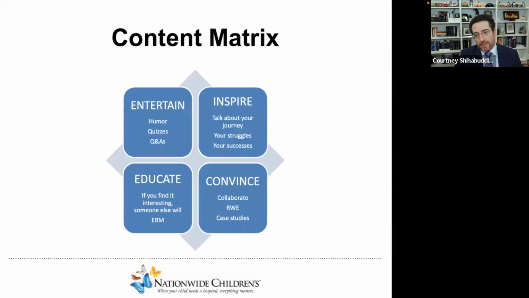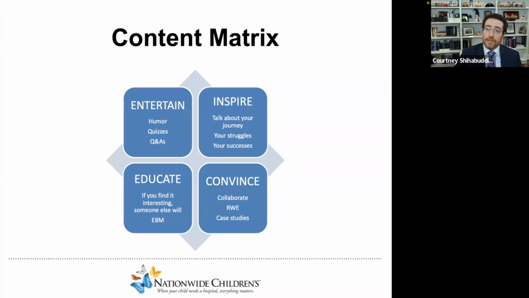This content matrix summarizes the 4 pillars of a successful campaign on Instagram. This is based on a marketing content matrix, but I adapted it to educational and dissemination work. The 4 pillars are entertain, inspire, educate, and convince. You entertain through humor, quizzes, Q&As. You inspire by talking about your journey, your struggles, your successes.